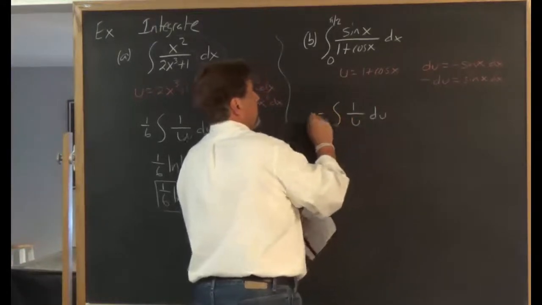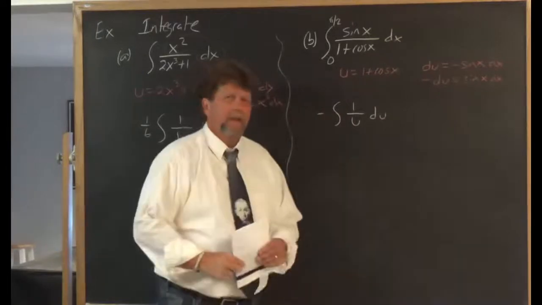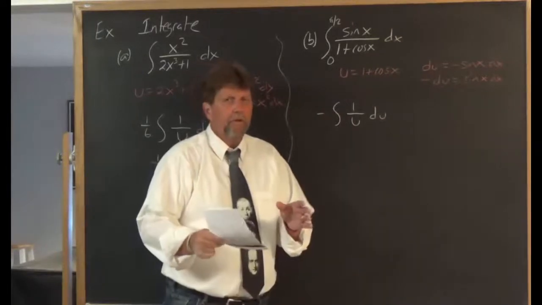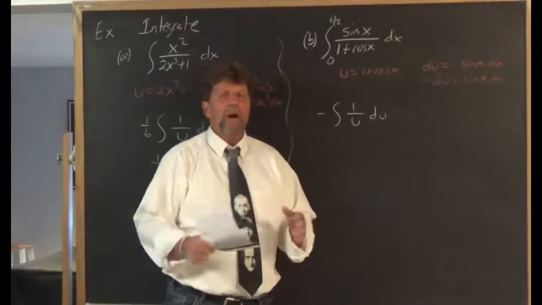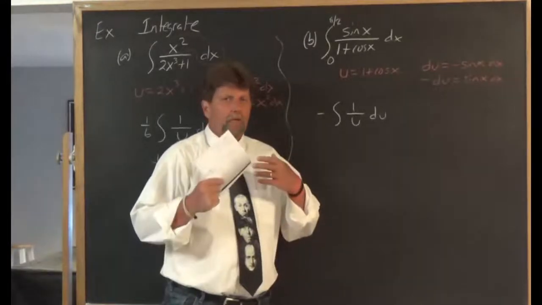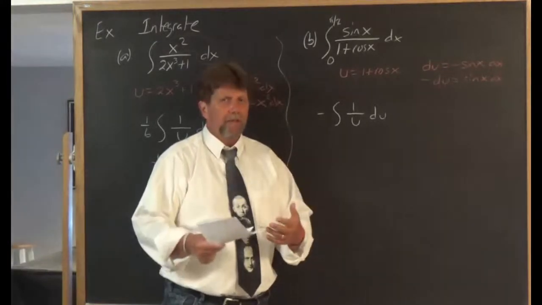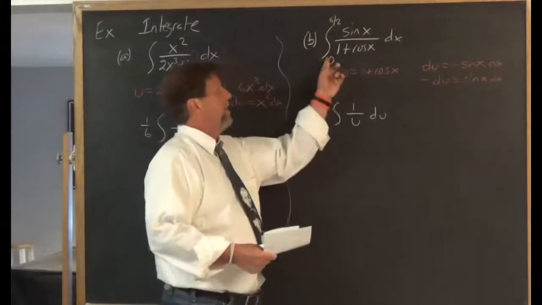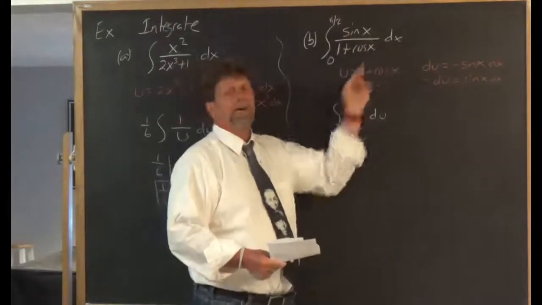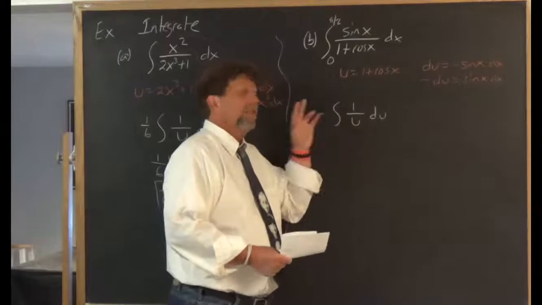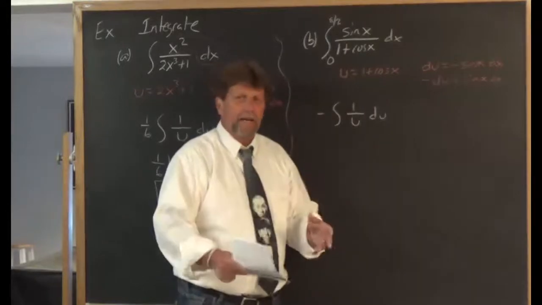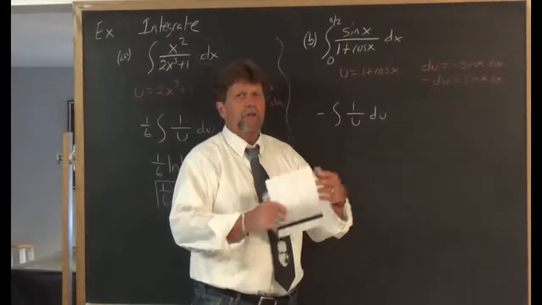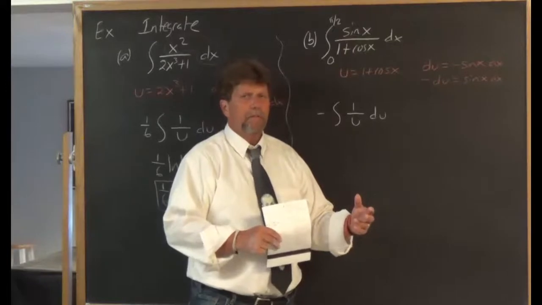I put the negative 1 out front, and then remember, definite integral, u substitution, there are two routes to go. Route 1: you leave the limits of integration off, because remember these limits pertain to the variable x. So you leave the limits off, get an antiderivative, resubstitute, and use the original limits.